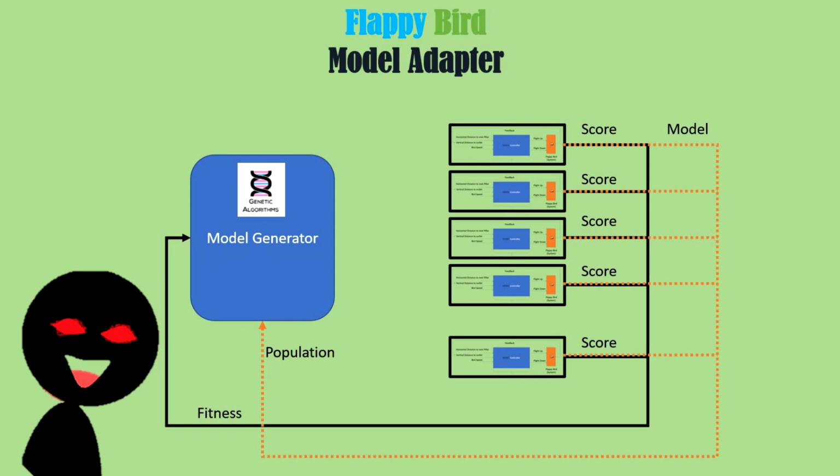The model generator will take the actual models and create new models based on the selected population, so the selected models with good precision or a good score, plus some offsprings. We will see what an offspring is.